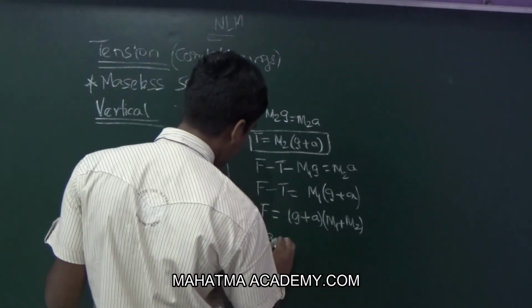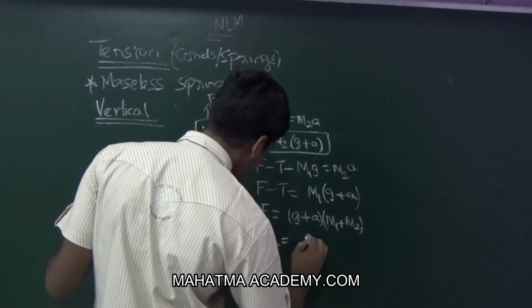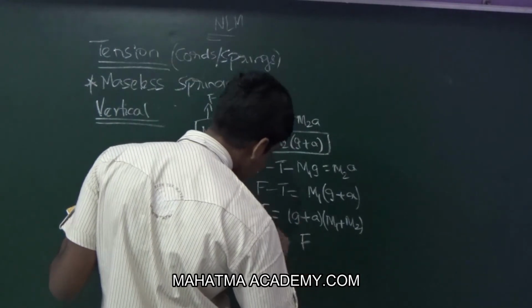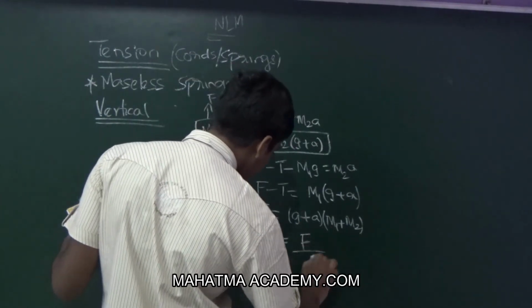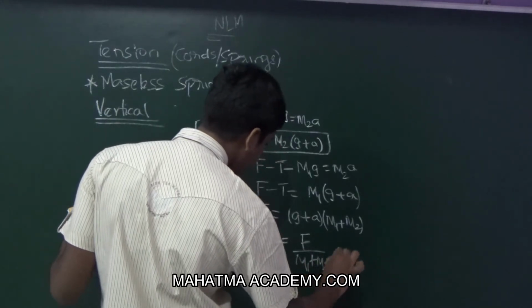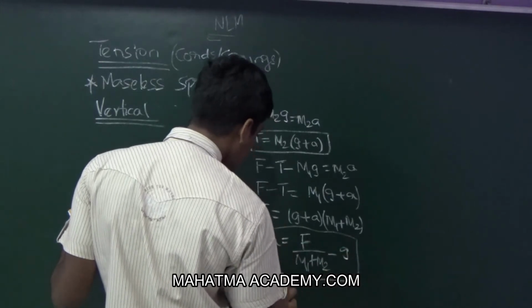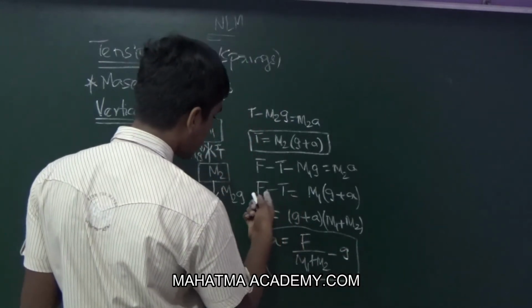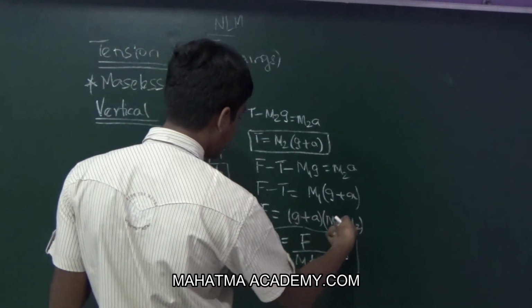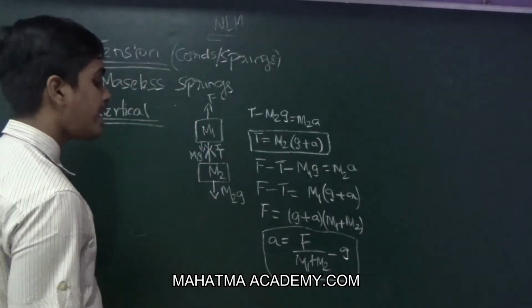Now if we want the acceleration, acceleration is F upon (M1 plus M2) minus G. Okay, we got it right.